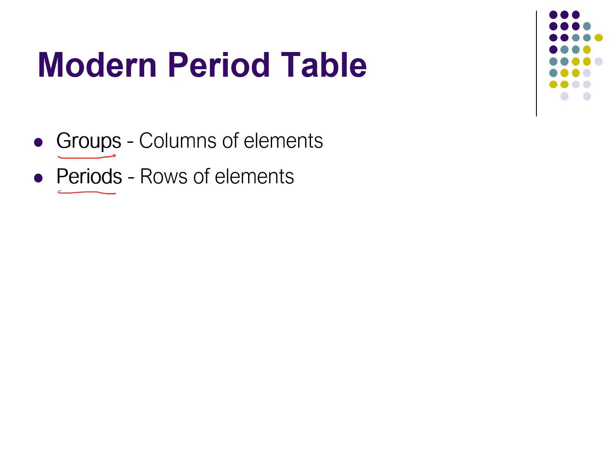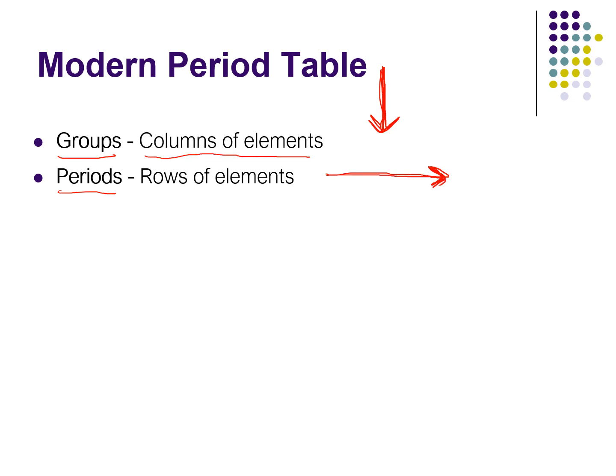Now, pag sinabi po nating group, it pertains to the columns of elements, how the elements are arranged from top to bottom, yung pababang arrangement ng elements. And pag sinabi naman nating period, it pertains to the rows of elements. So in short, yung positioning ng elements from left going to right. Ayan, ito yung dalawang way on how the elements are arranged in the periodic table.